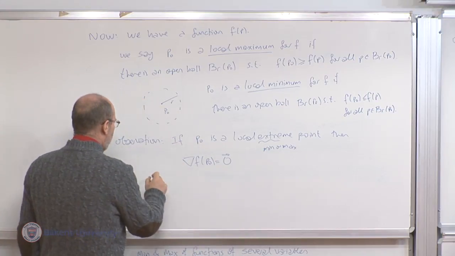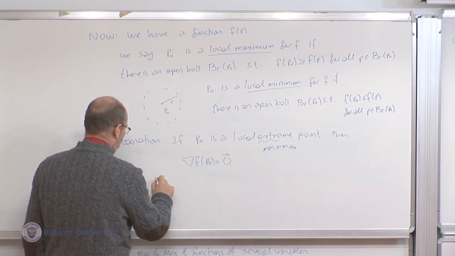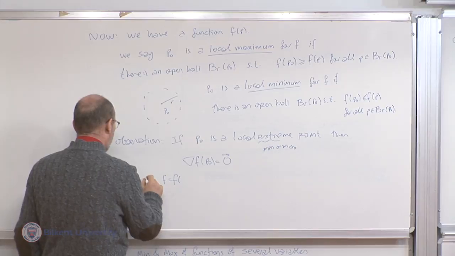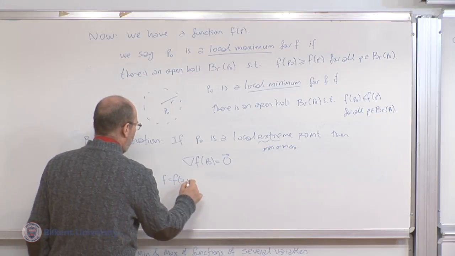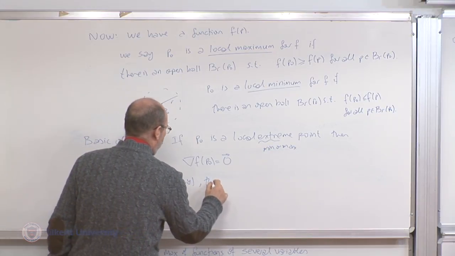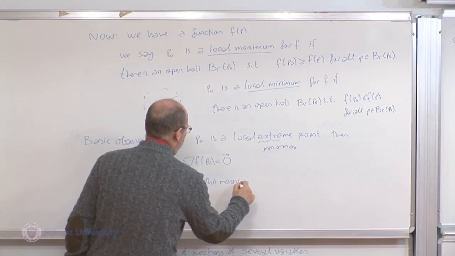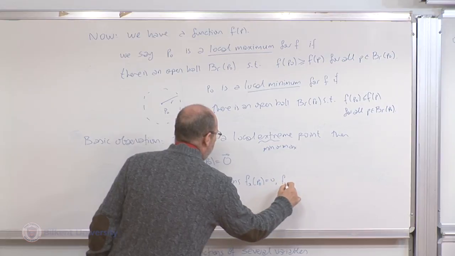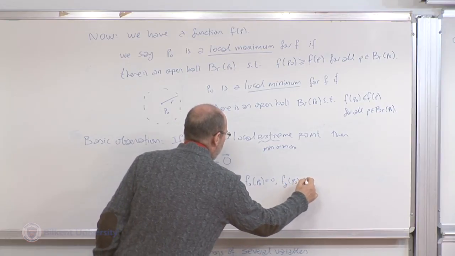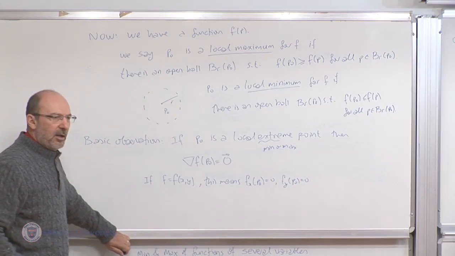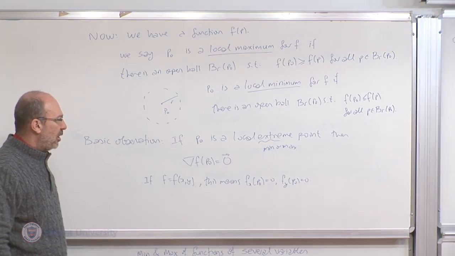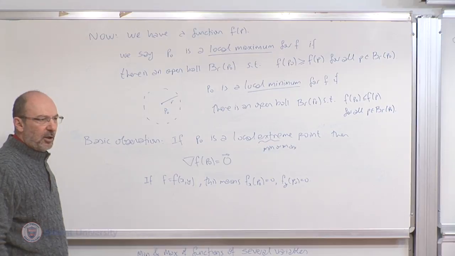In two dimensions, if f is a function of x, y, this means, as we expect, f_x at p sub 0 is 0, and f_y at p sub 0 is 0. Just like in the one-dimensional case, we call these nice points critical points.